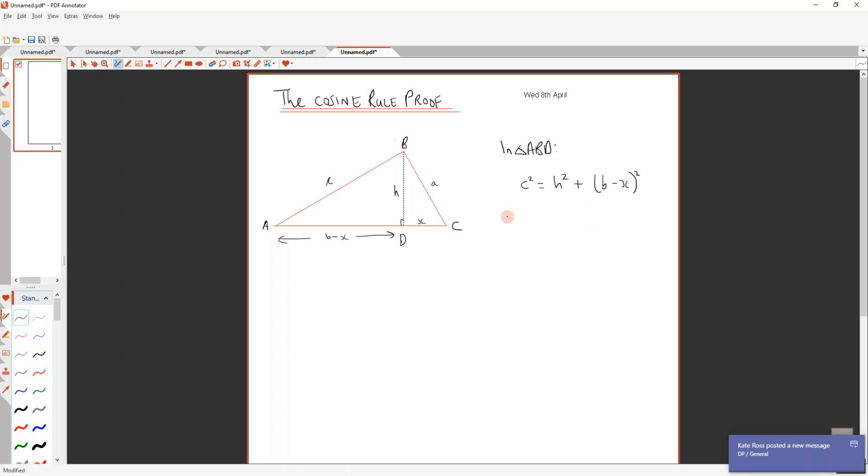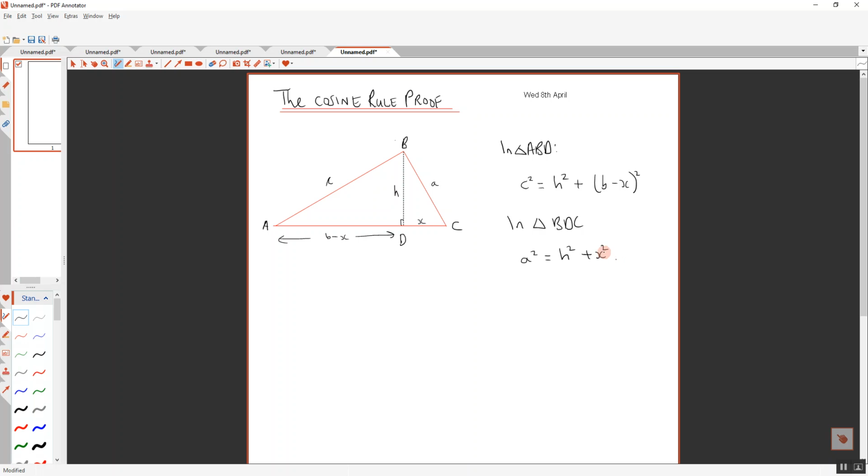And similarly, in the other triangle, triangle BDC, I can say that a squared is equal to h squared plus x squared. That is using Pythagoras, I'm sorry.